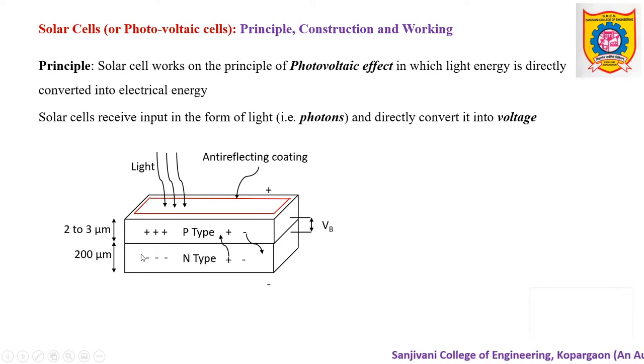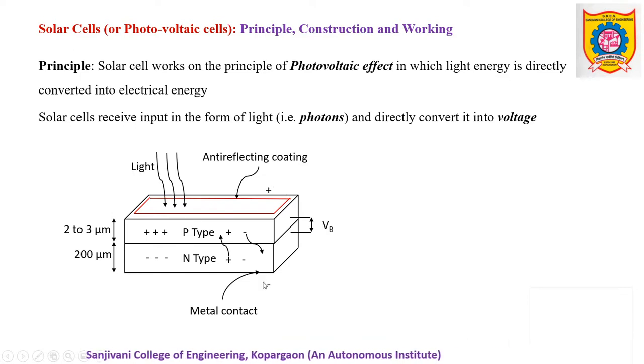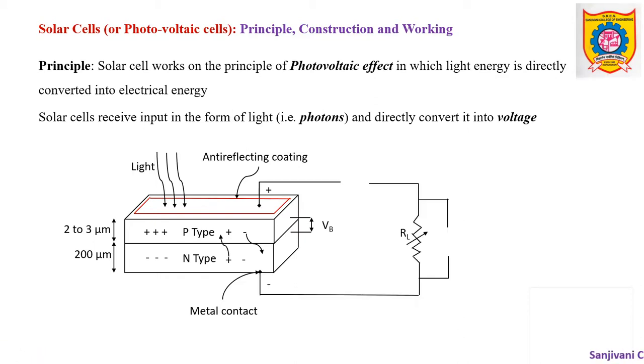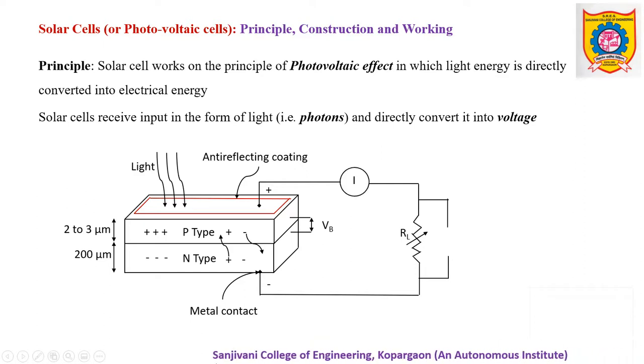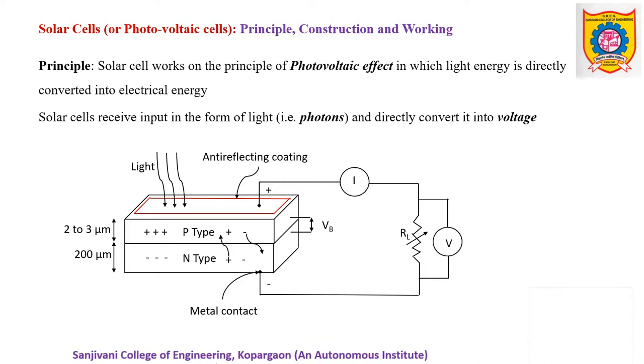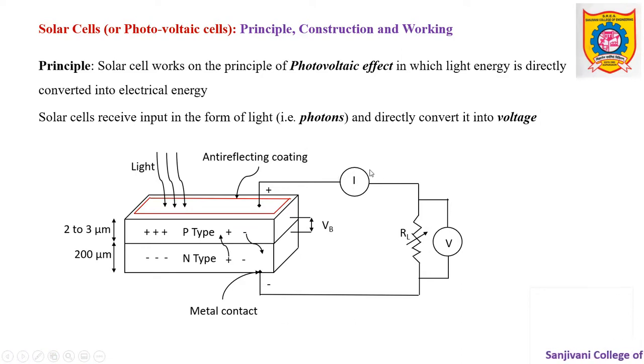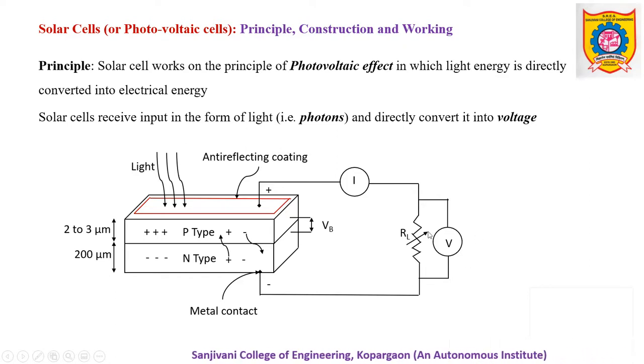But that neutral device, after being illuminated by light, shows some potential difference. That means some net charges are developed, and by means of metal contacts, if it is connected in an external circuit with an ammeter in series and a voltmeter across the load, the circuit is completed and we get some current flowing through it, or a potential drop is observed across the solar cell.